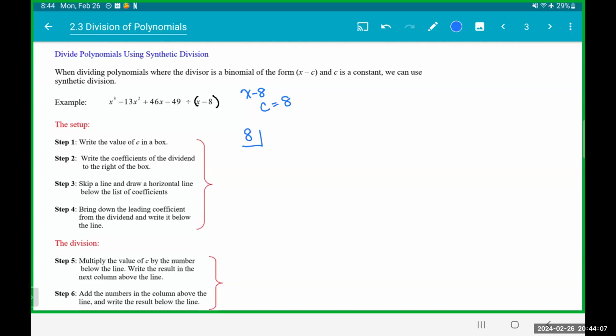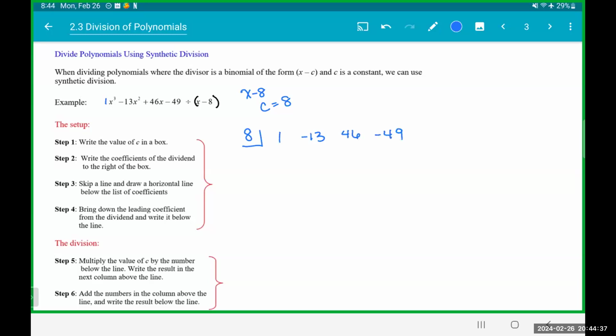Now we want to write the coefficients of the dividend to the right of the box, and we need to make sure that they're in order. So here we have x cubed, x squared, x to the 1, x to the 0. They are in order. We're not writing the x's, only the coefficients: 1, negative 13, 46, negative 49.